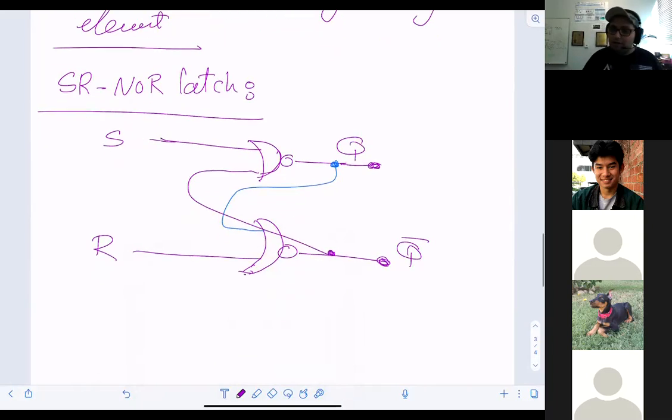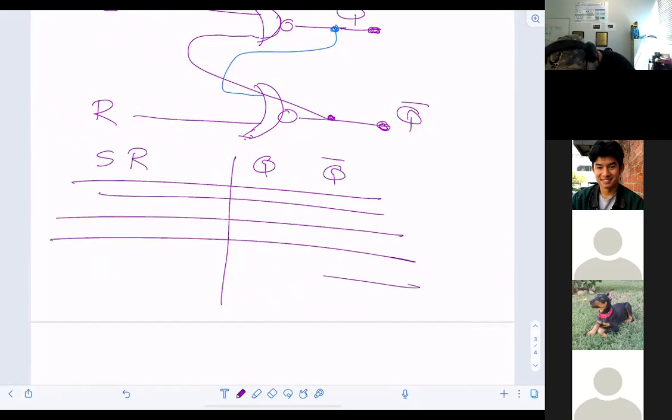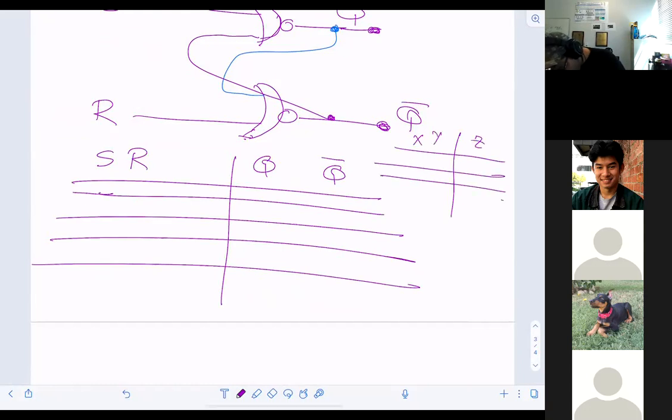We're going to do the same thing, right? What is our tool? S, R, Q, Q complement, 1, 2, 3, 4. And then in our side, X, Y, Z, which is 1, 2, 3, 4, 0, 1, 0, 1, 0, 0, 1, 1. And they're going to be NOR.